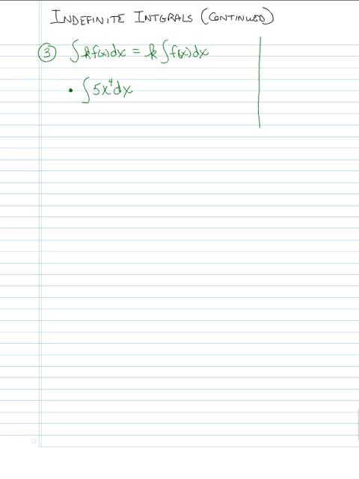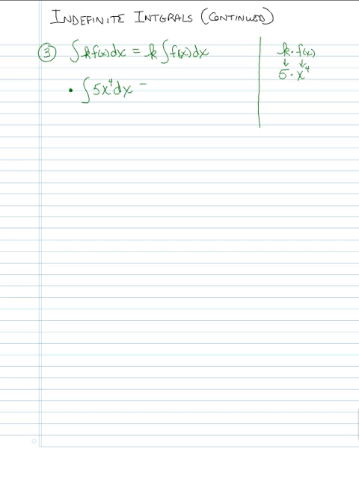We're comparing k times f of x with what we have, which is 5 times x to the fourth. So it's this 5 that's the constant, and this x to the fourth we can think of as the function. So it's really kind of making it very elementary here.